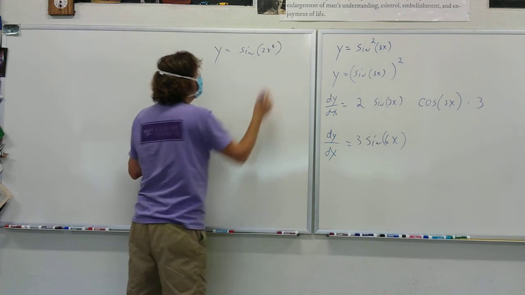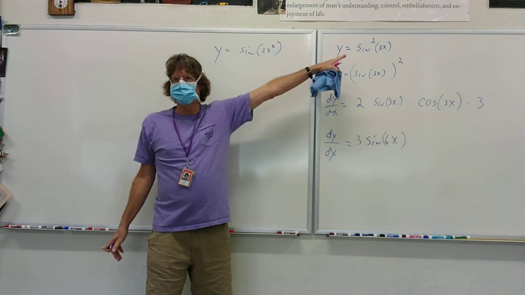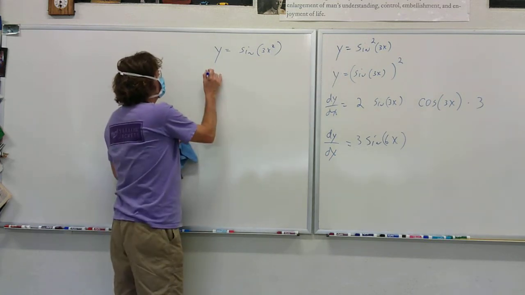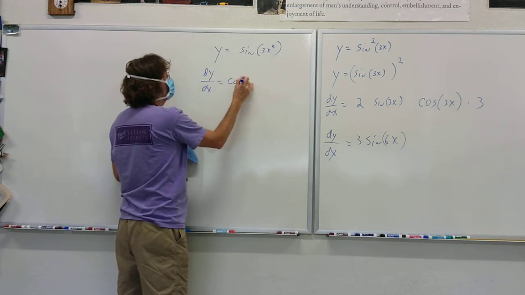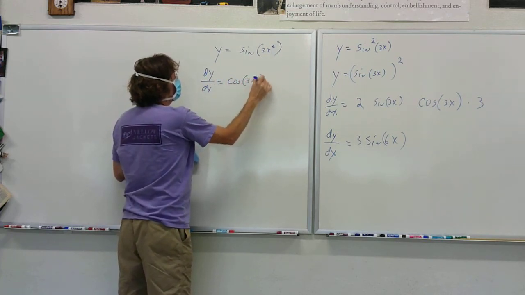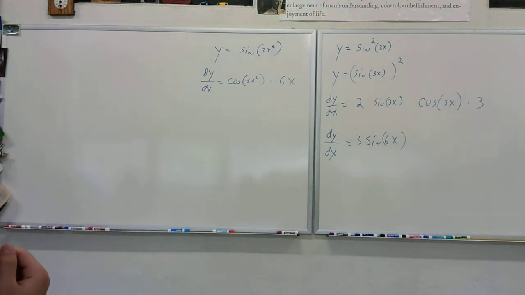Y'all realize this and sine squared of 3x are not the same thing, right? This would just be dy over dx equals cosine 3x squared times what? 6x. Notice they are different. Where you put that 2 matters. For those of you that write all your little 2's and 3's so small that you can't see them, you're going to have problems.